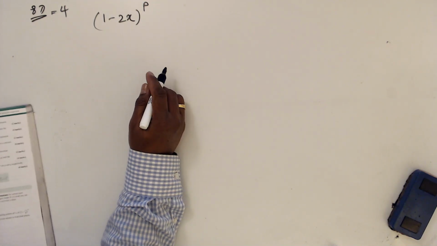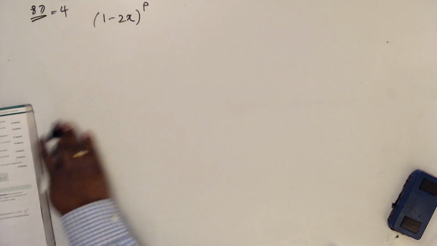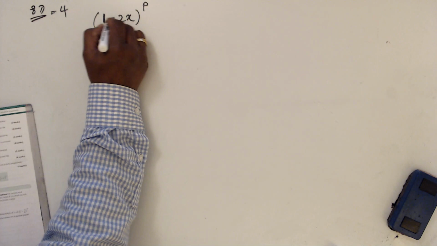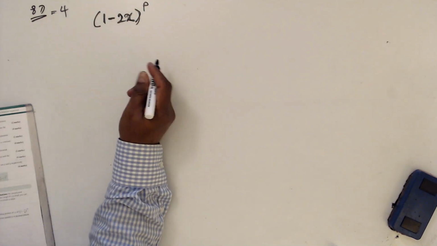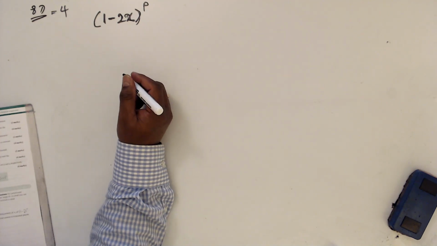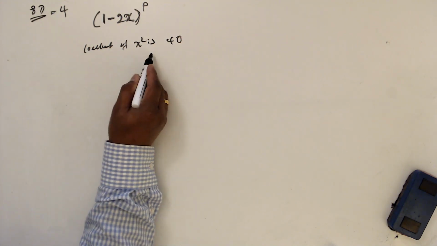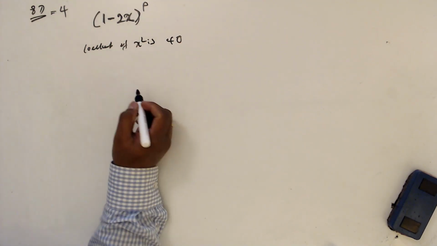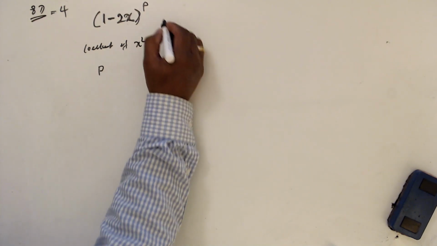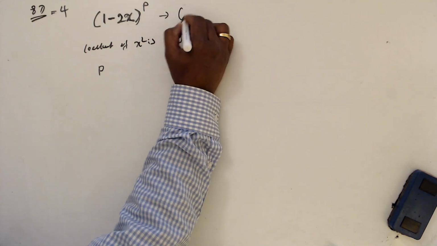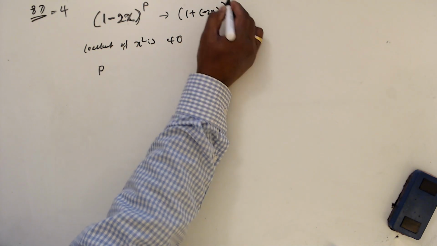1 minus 2x to the power p. Question number 4. Coefficient of x square is 40. We write the x square term. So p, first of all we want to write in the right form, 1 plus minus 2x to the power p.